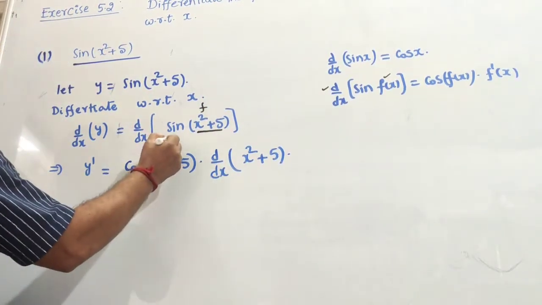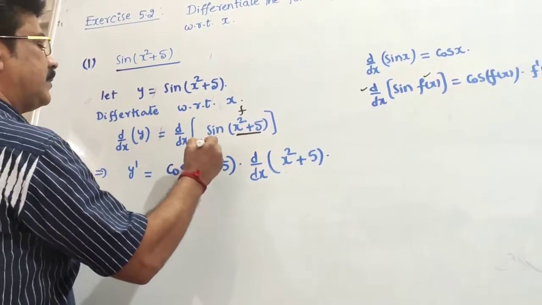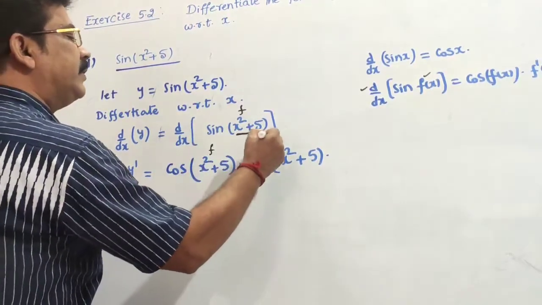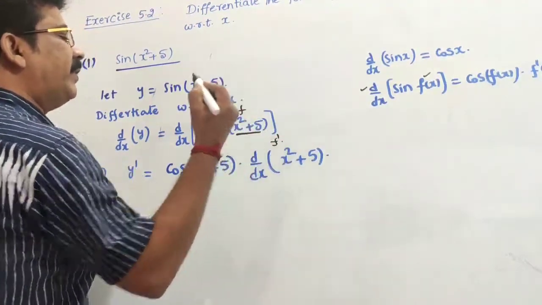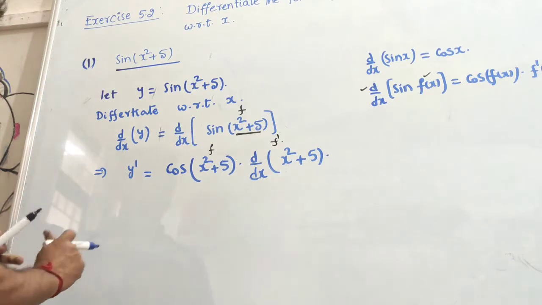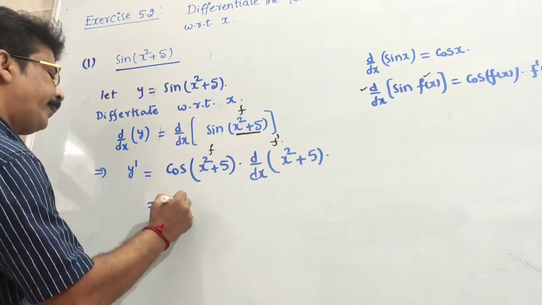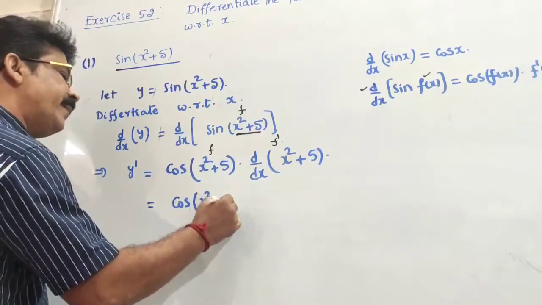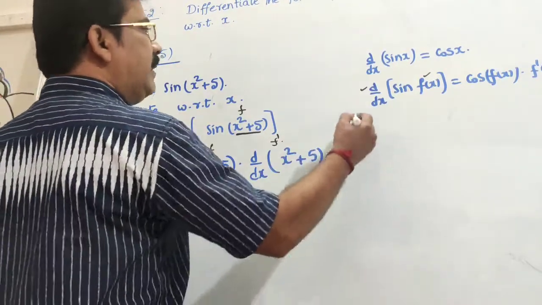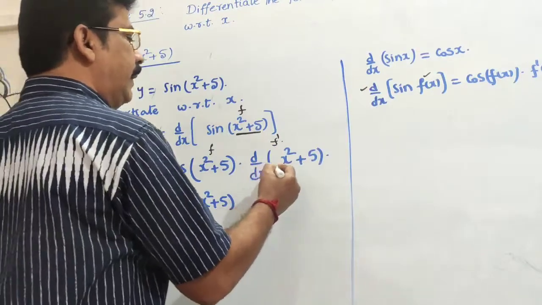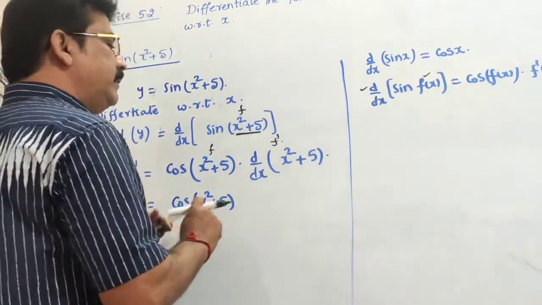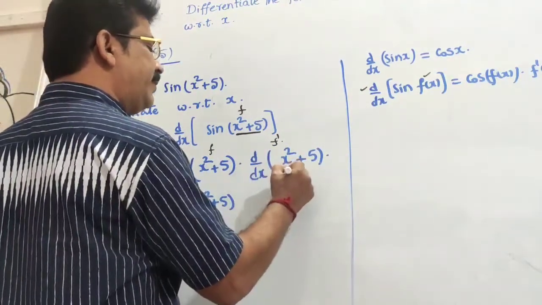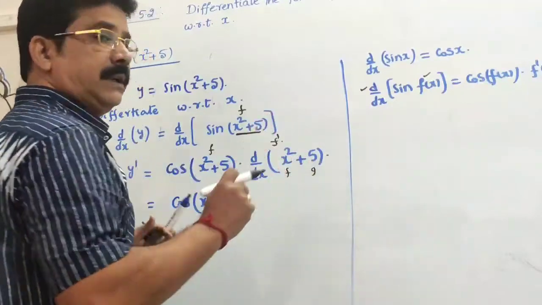So cos of f of x, it is cos of f of x, this one is f dash of x, like that. Next, that equals cos of f of x, same. Next, basic formula, here it is in the form of d by dx of f of x plus d by dx of g of x.